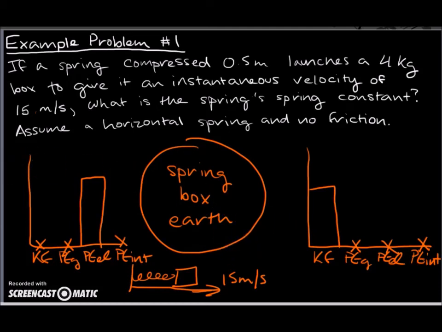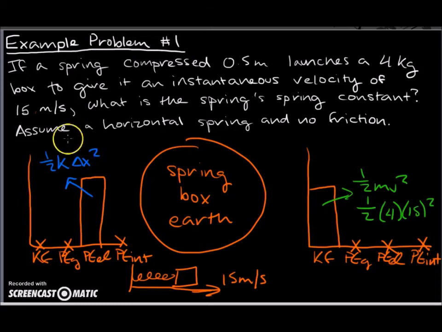We know that our kinetic energy is equal to 1/2 mv squared, which in this situation is 1/2 times 4 times 15 squared. We also know that our spring potential energy is equal to 1/2 k delta x squared, which in this case is 1/2.